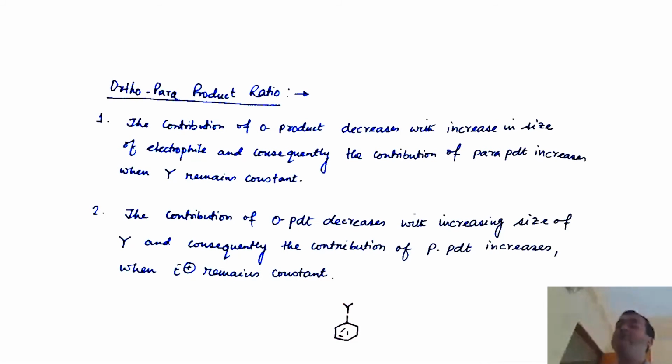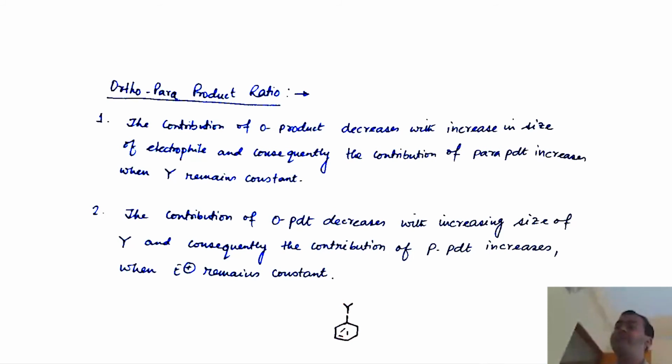So according to the steric factor, if Y remains constant and the electrophile size increases, then the steric interaction with this Y group will increase. So then your para product ratio will increase. It's very simple. When Y remains constant, if you increase the size of the electrophile, then your para product will increase because at the ortho position there will be steric interaction.